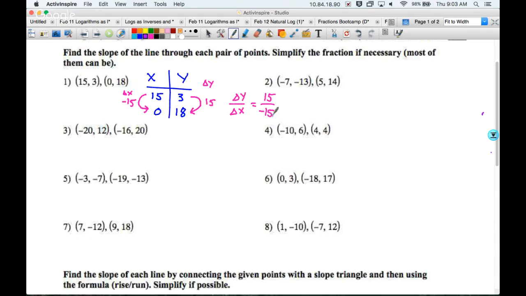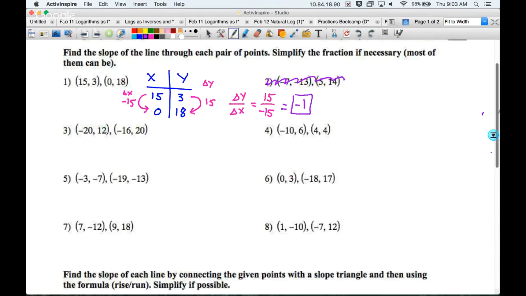And I'm going to do that by a process called completing the division. So 15 over negative 15 really means 15 divided by negative 15. Fractions are division. So 15 divided by negative 15, that gives us an integer answer of just negative 1. So the slope for problem number 1 is negative 1.